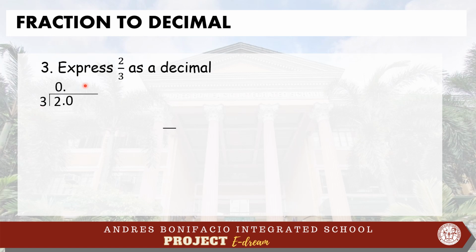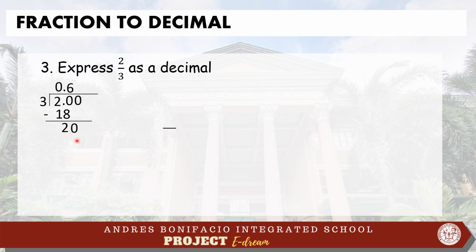So we have 6. So 6 times 3, we have 18. So we have to subtract 18 from 20. So we have 20 minus 18. So it is equal to 2. So 2 divided by 3 still cannot be. So add tayo ng 0 uli, then bring down 0.